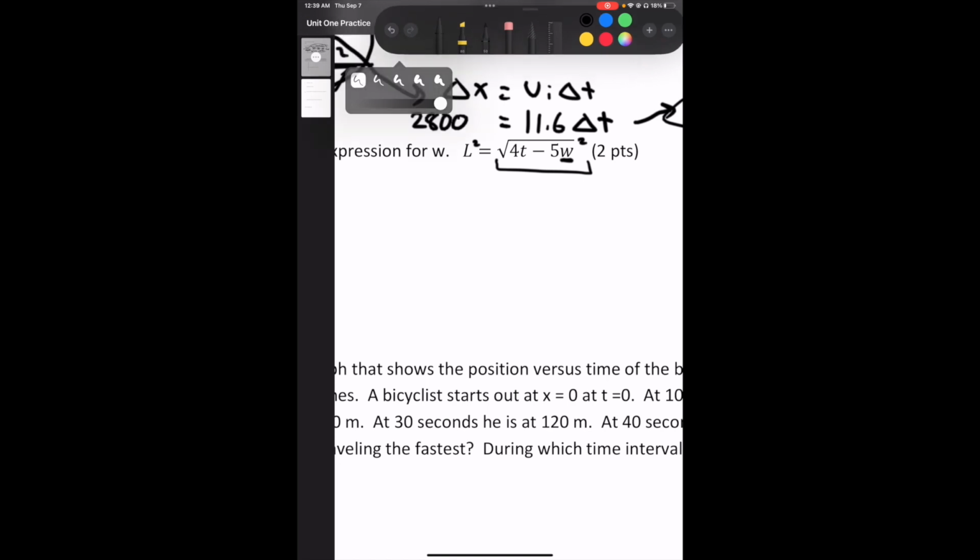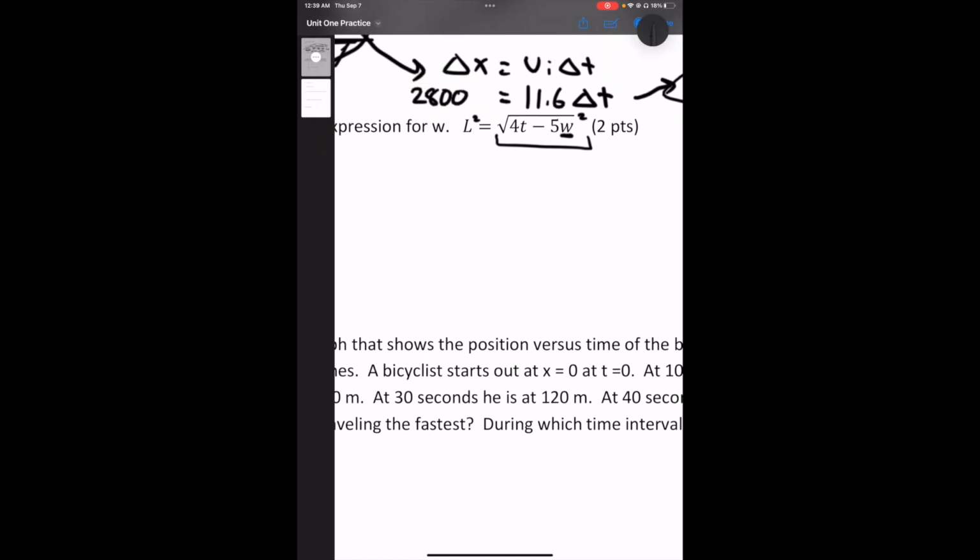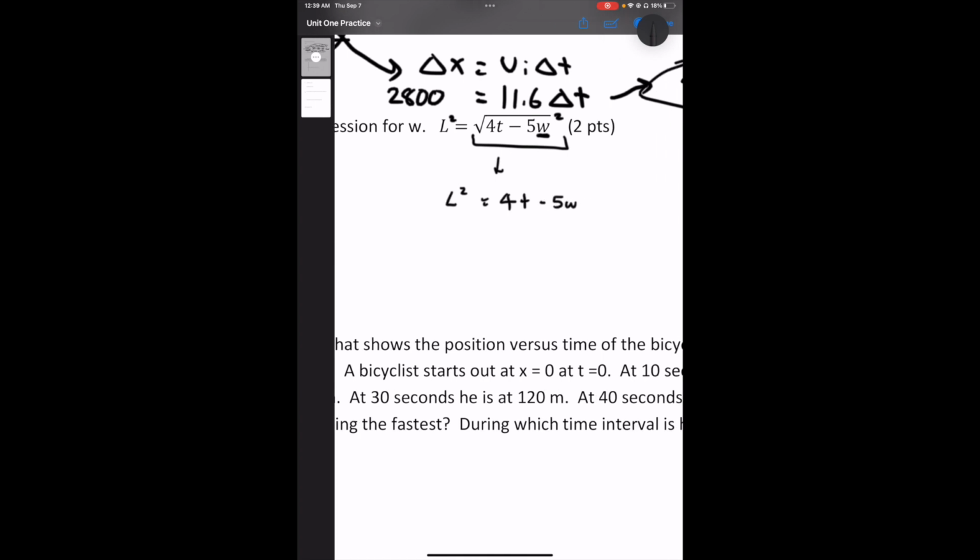Let me change that. So we're going to square both sides, which is going to leave us with L squared equals 4t minus 5w. And now since we're isolating for w, we're going to try to keep this whole term on the right for now.